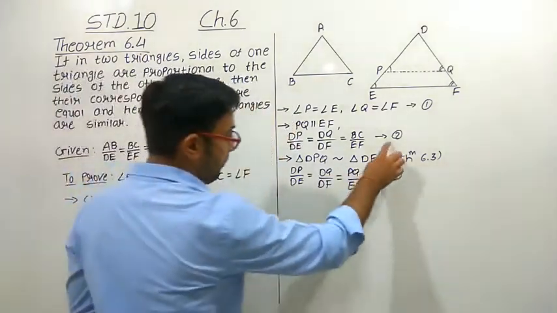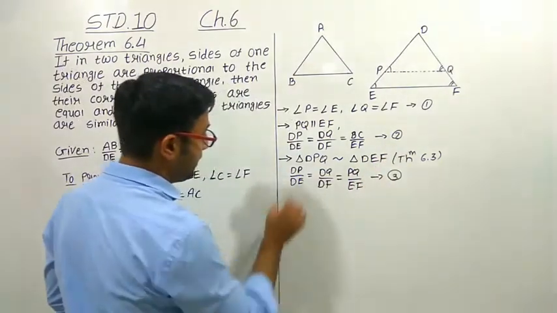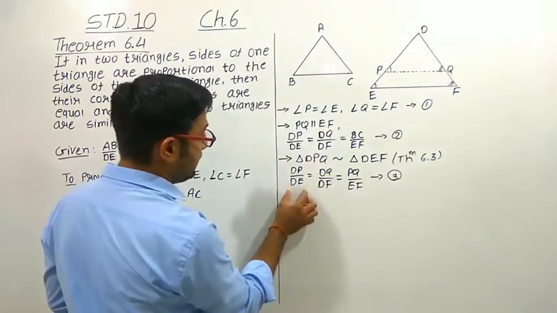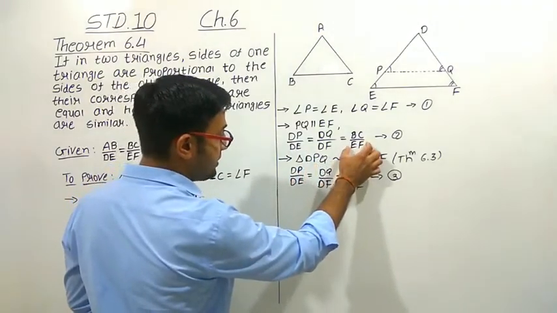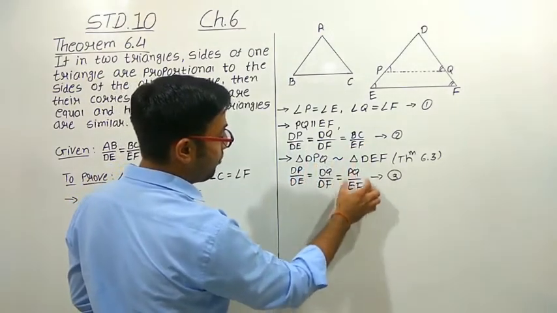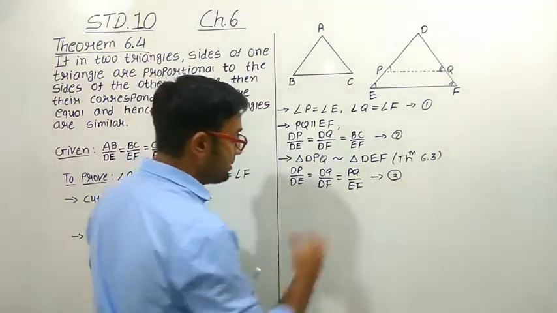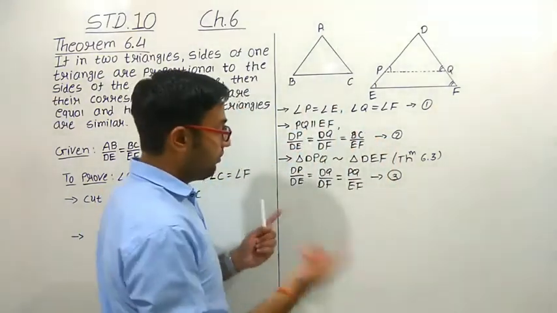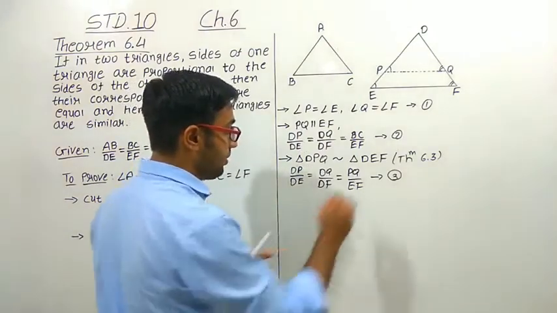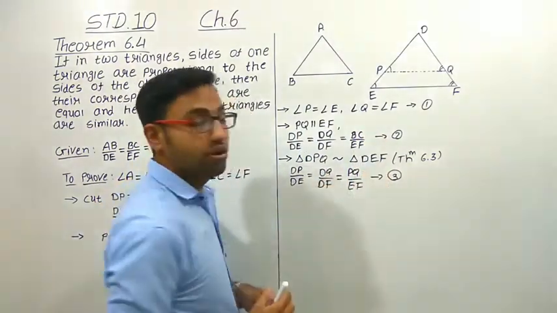Now see, compare both these equations. Here we have DP upon DE, DQ upon DF is also there, but here we have BC upon EF, but here we write down PQ upon EF. That means the denominator is the same, but the numerator is different. So how will it be possible? It will only be possible if BC and PQ are equal.